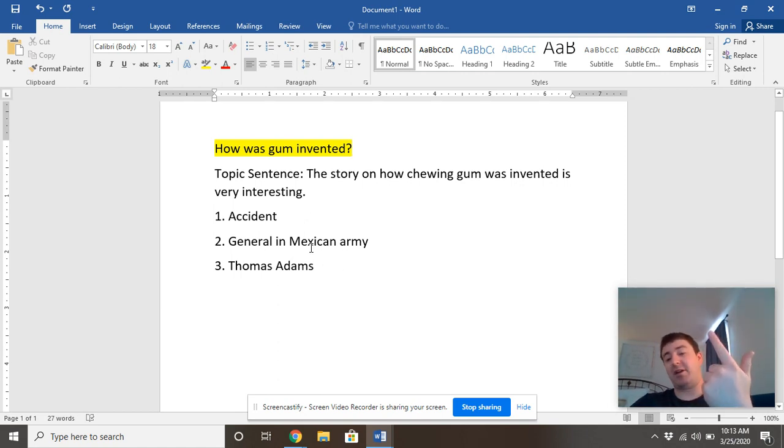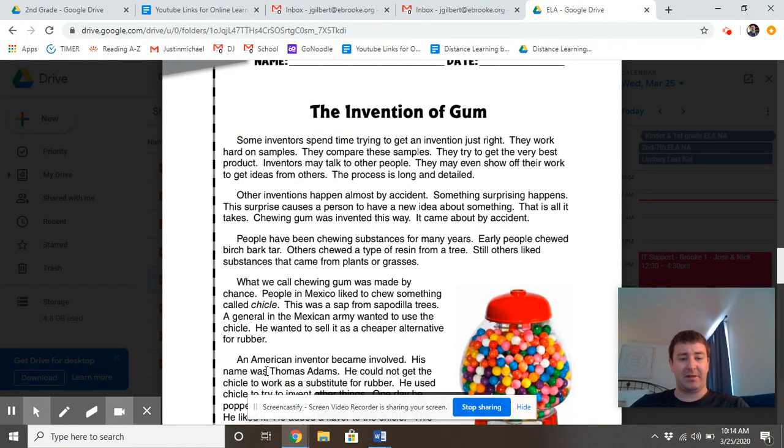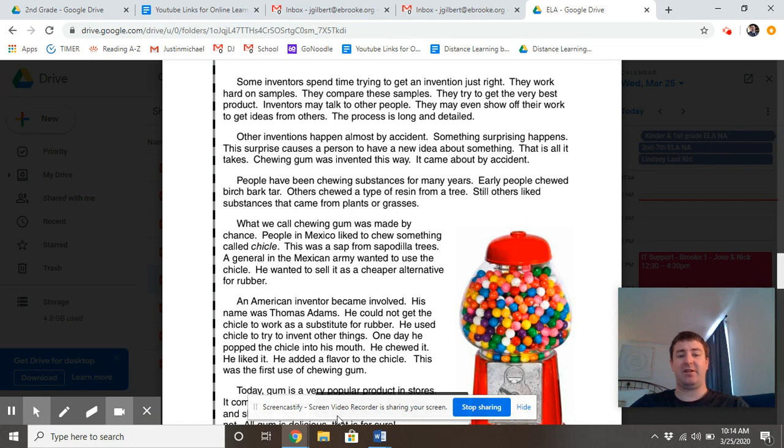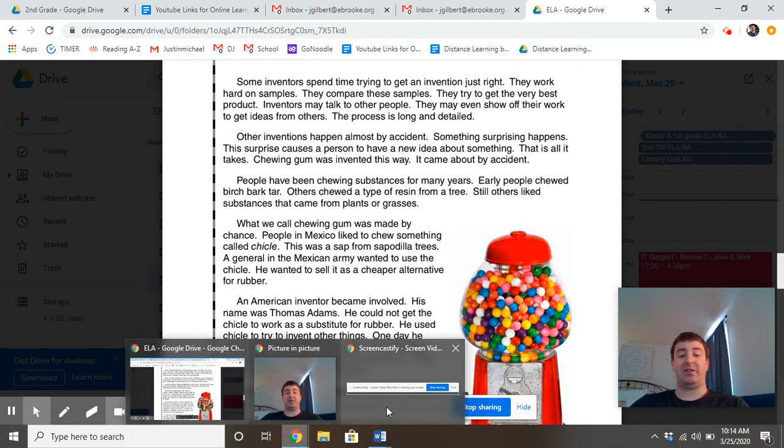A general in the Mexican army had a big role in this because he wanted to use this substance, this chicle, to make a substitute for rubber, and that didn't work out. And then we had this man by the name of Thomas Andrews, and he was an American inventor who ended up kind of discovering gum as we know it.